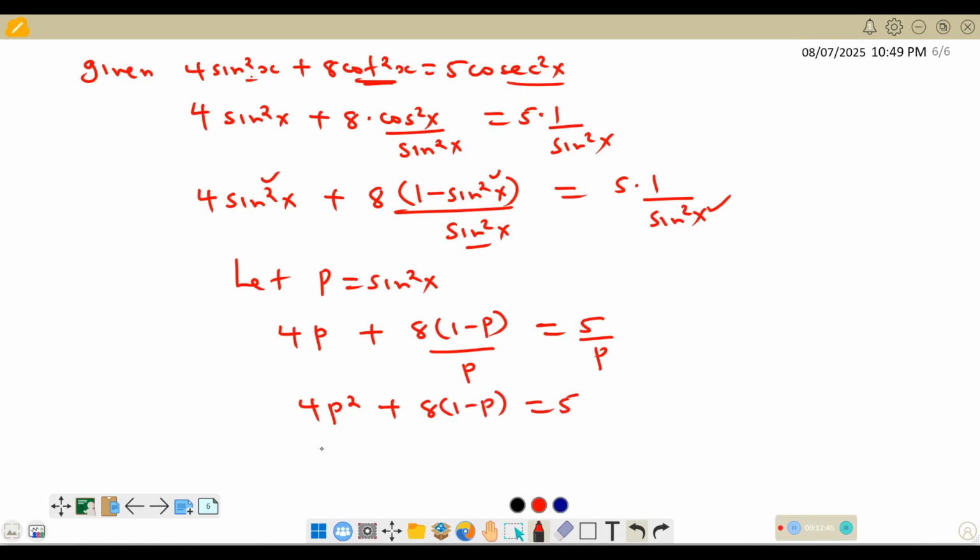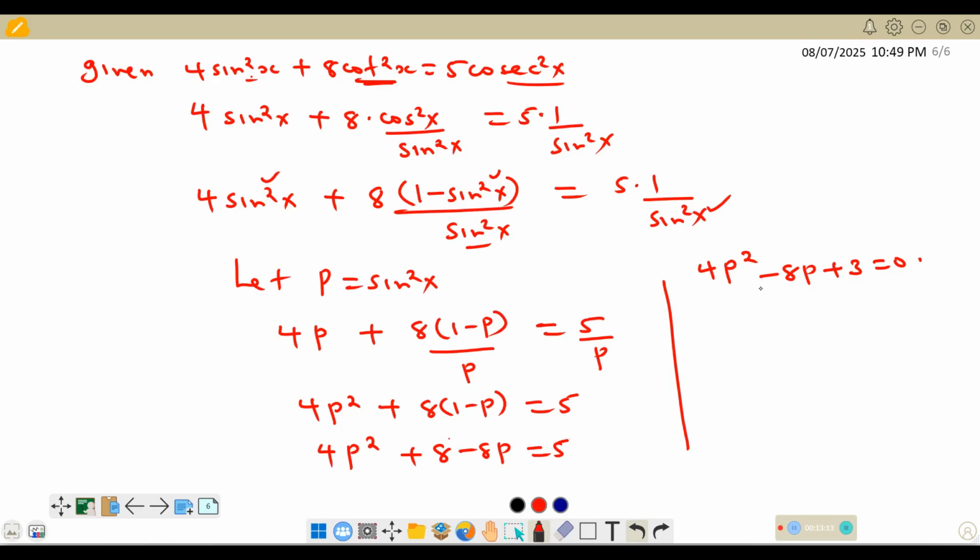So you will try to simplify this, have this as 4p squared plus 8 minus 8p is equal to 5. So what will this give us will be 4p squared minus 8p. This 8 minus 5 will give us 3, which is equal to 0. So looking at this, you can easily solve this given equation.